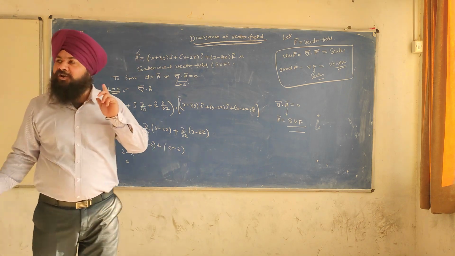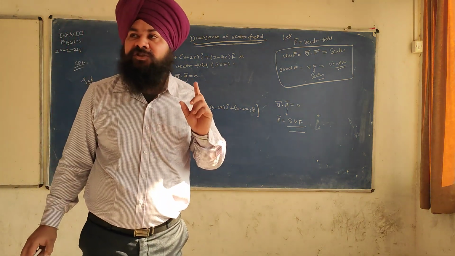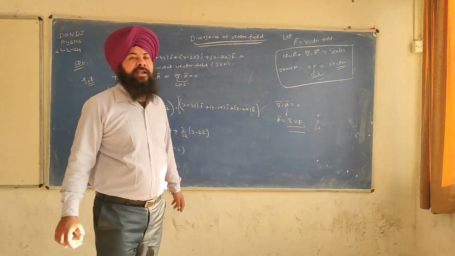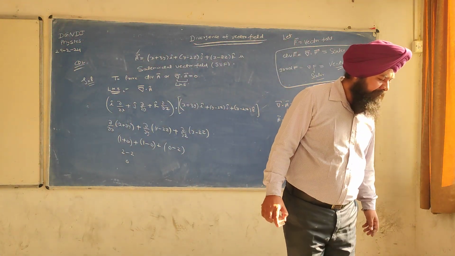Now the next is. We are given the solenoidal vector field and we have to calculate the constant.